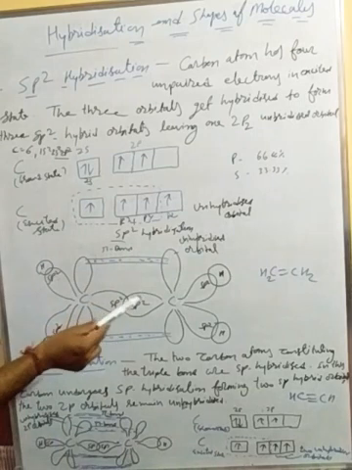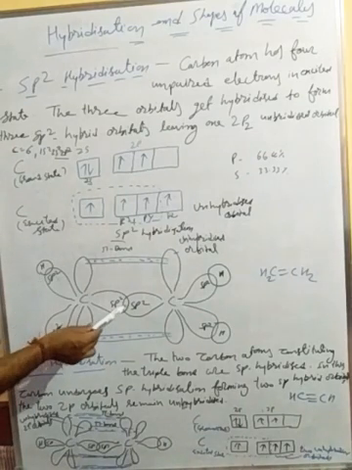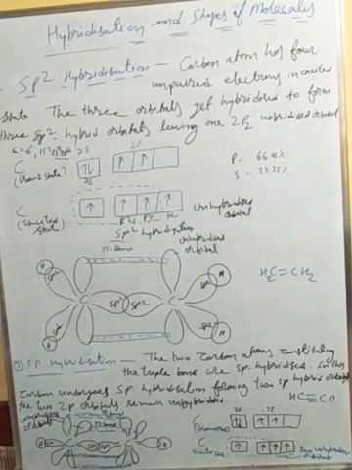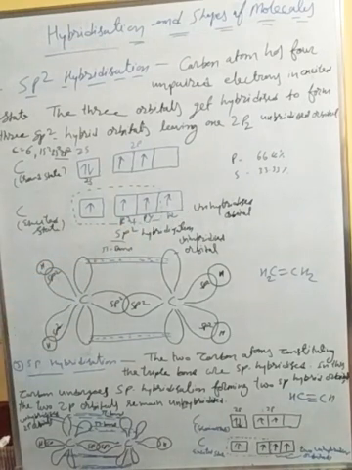Ethene is CH2 double bond CH2, and each carbon here is sp2 hybridized.